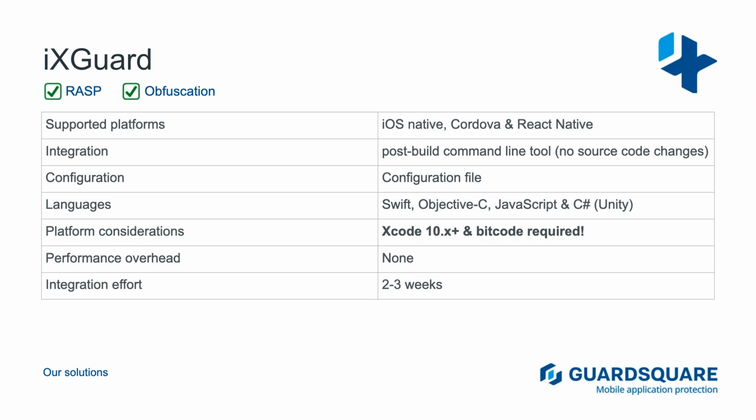There's not a lot we can optimize or shrink with IXGuard. Also, SSL pinning is a feature we do not offer since Apple already provides this to you. We will further harden the implementation of Apple, of course. And again, just as with DexGuard, the integration effort is about 2 to 3 weeks for inexperienced users.